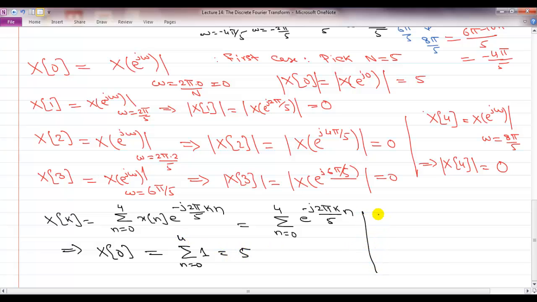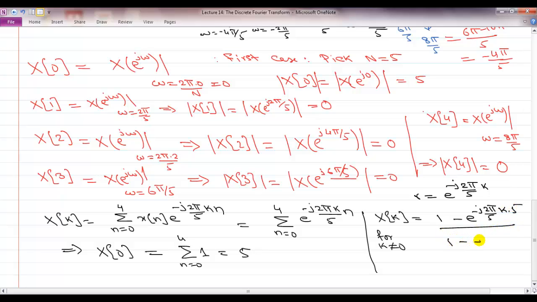And for k not equal to 0, we can simply use the geometric sum form. My r in this case is e to the minus j 2 pi by 5 k. So I get 1 minus e to the minus j 2 pi over 5 k times 5, because I have a total of 5 terms, over 1 minus e to the minus j 2 pi over 5 k.